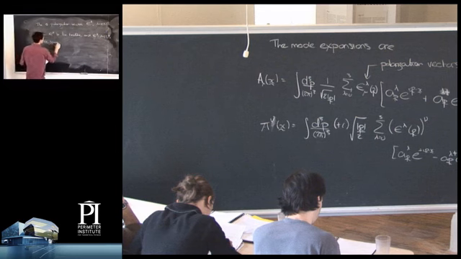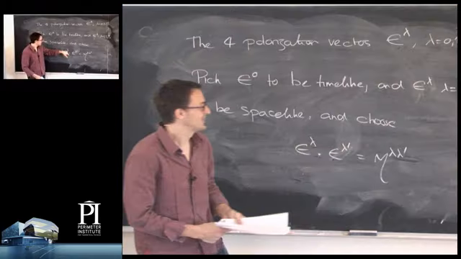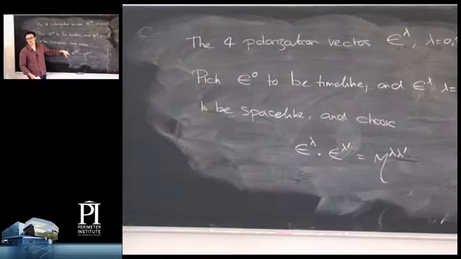The others to be space-like. And so we'll pick these to be some orthonormal basis, where orthonormal means there's four vectors, labeled by lambda equals 0, 1, 2, 3.